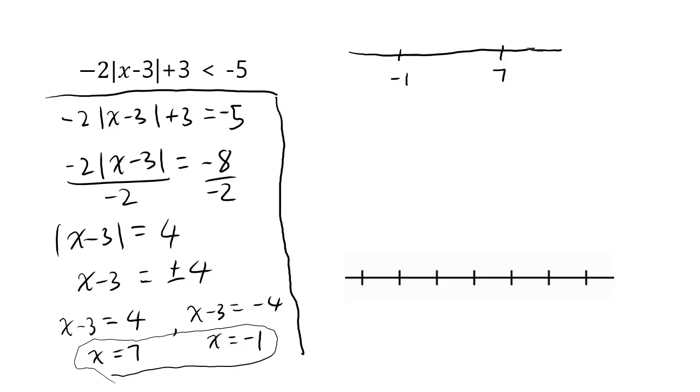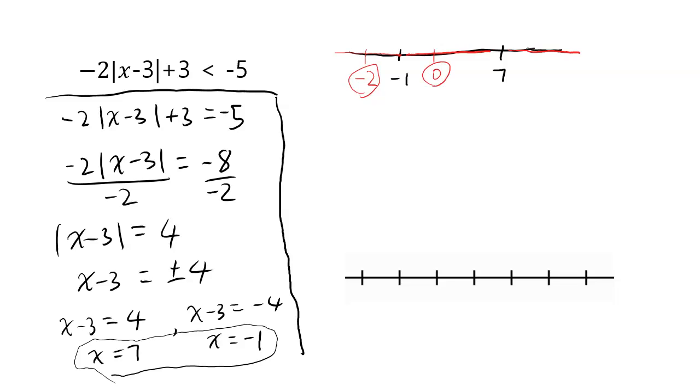We're thinking of this number line as three different intervals. There's one before -1, there's another one between -1 and 7, and there's another one after 7. And what we want to do is choose one sample point from each interval.